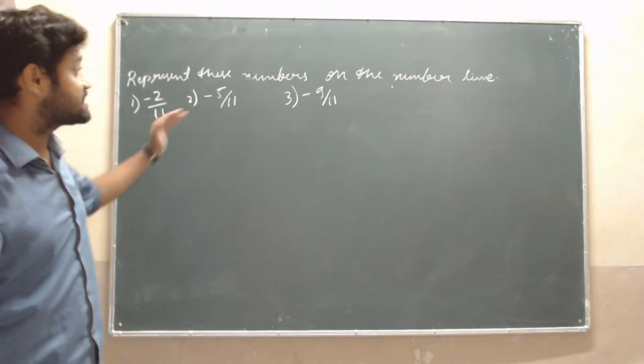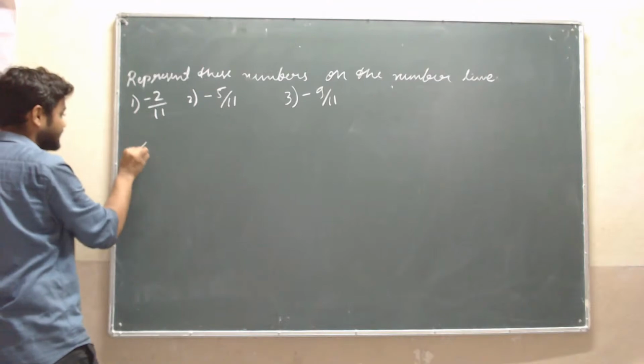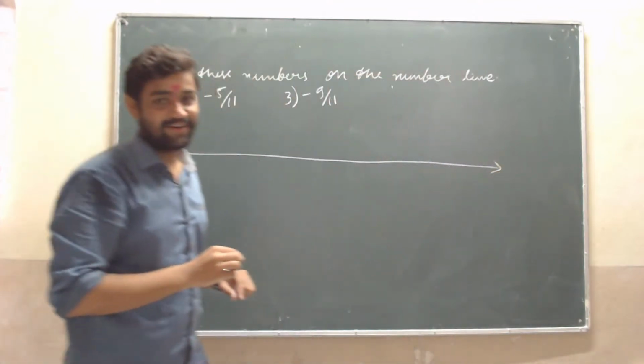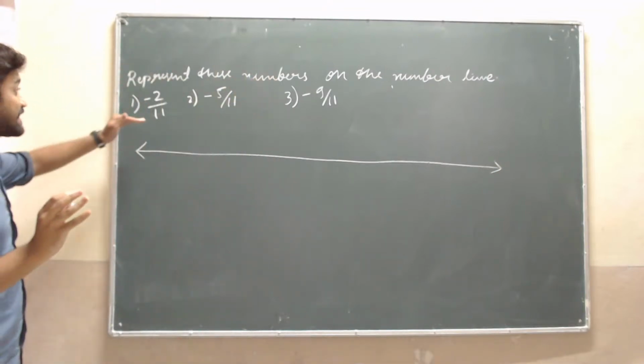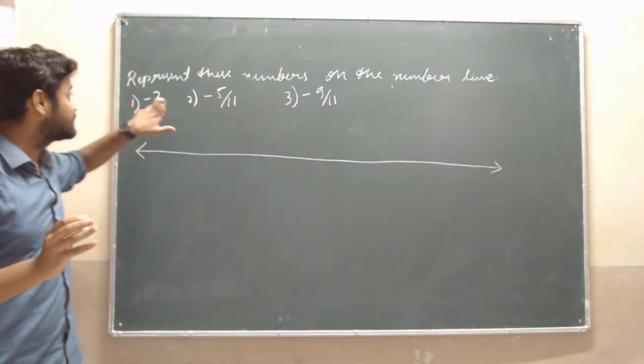I will explain all these numbers on only one number line. Concentrate here. See here, this is the number line. First of all, we have to consider whether these numbers have anything in common. Minus is common.